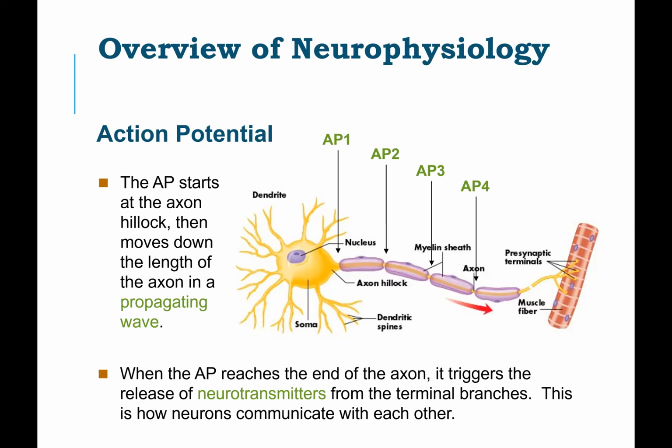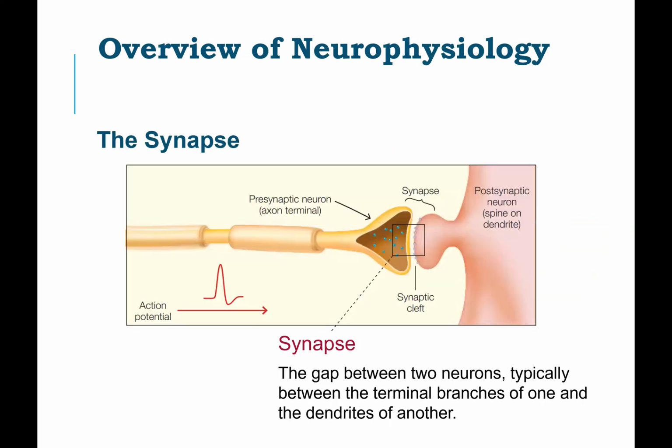This is in the context of neurotransmitters. Imagine this is the axon you just saw. The wave has traveled, these are the myelin sheaths, and it reaches the very end of the axon terminal. This is where the neuron connects to what we call the postsynaptic neuron.